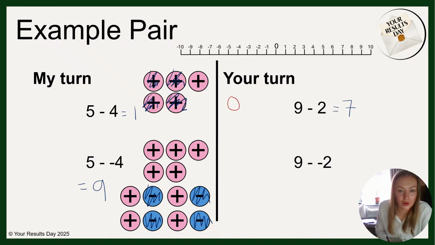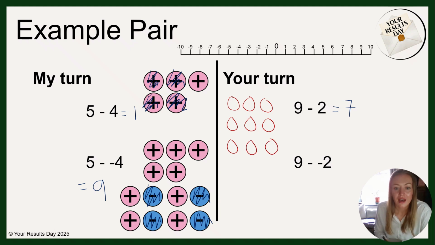So let me draw 1, 2, 3, 4, 5, 6, 7, 8, 9 positive counters. And I want to take away 2 negatives. I haven't got 2 negatives to take away, but what I can do is add in, let me just change my colour there, 2 0 pairs.